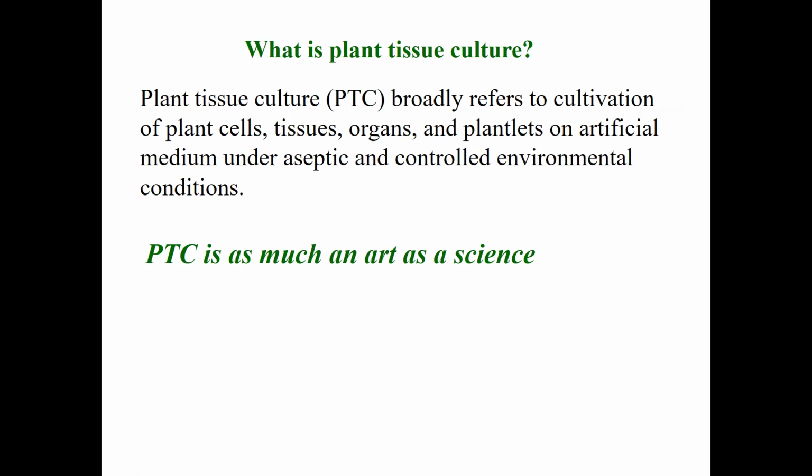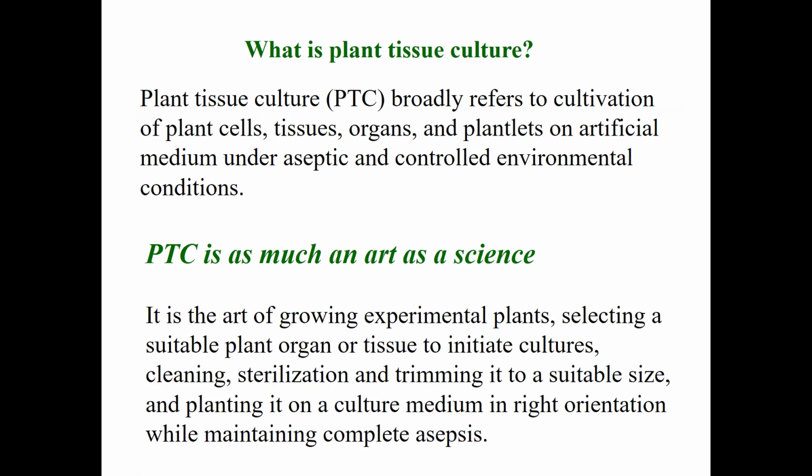So plant tissue culture is also called an art as well as a science. It is the art of growing experimental plants, selecting a suitable plant organ. Any organ we cannot grow, so you have to select the suitable organ or tissue to initiate cultures.